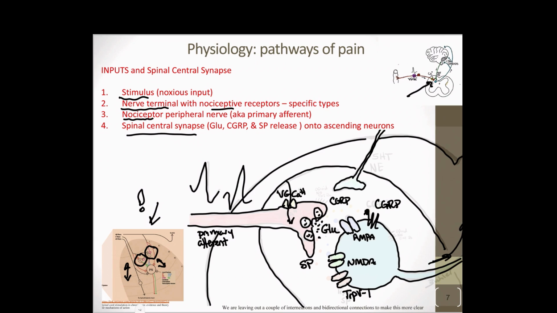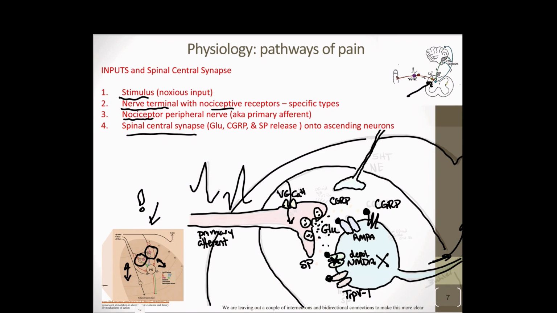So when we fire this neuron, we're going to get glutamate binding to the AMPA receptor, CGRP binding, TRPV receptors activated from substance P binding, and we're going to bind to NMDA receptors, but they're not going to really be activated, because when we talked about NMDA receptors before, they have a magnesium block, and that magnesium only moves out of the way after that neuron has been highly depolarized.